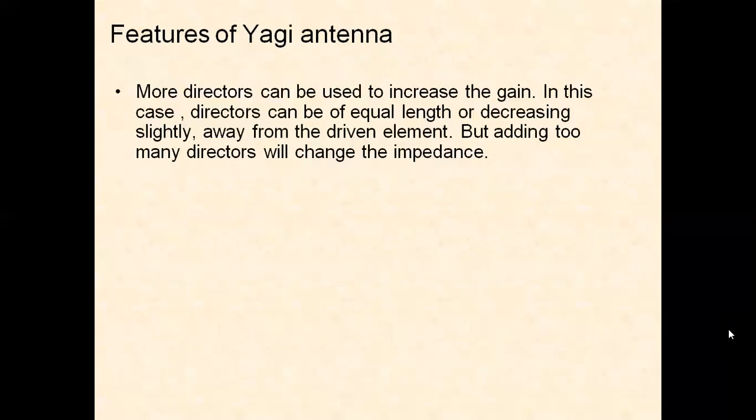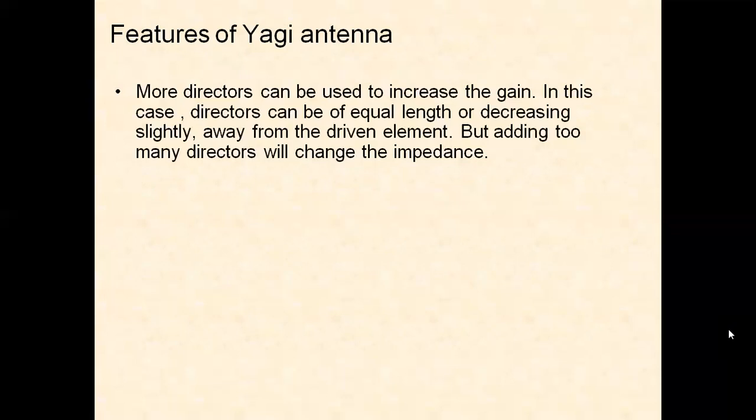More directors can be used to increase the gain. Directors' function is to increase the gain. In this case, directors can be of equal length or decreasing slightly away from the driven element. We are arranging many parasitic elements with a slight decrease in length away from the driven element.